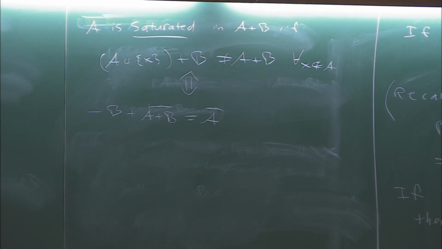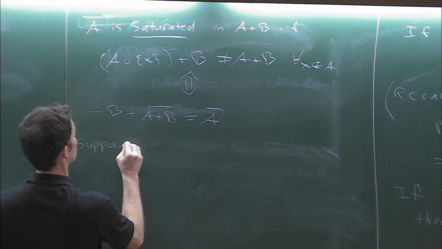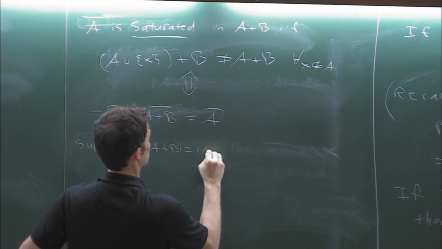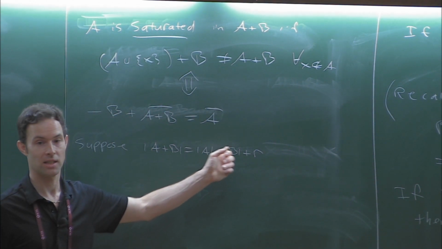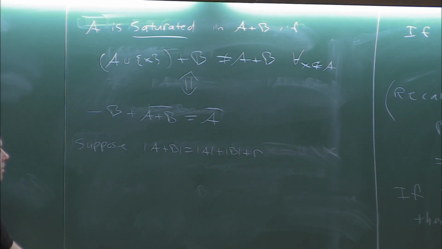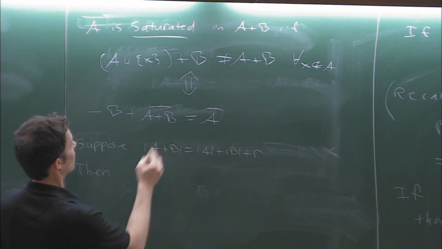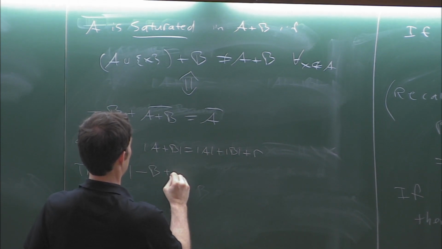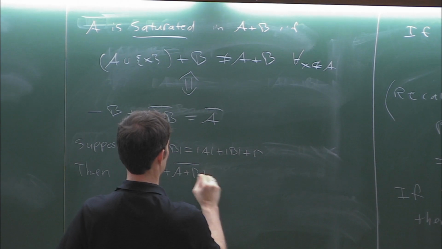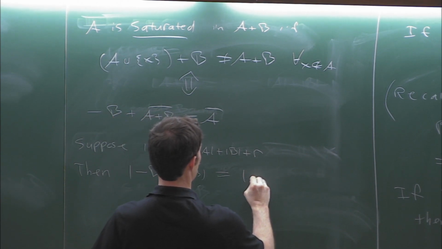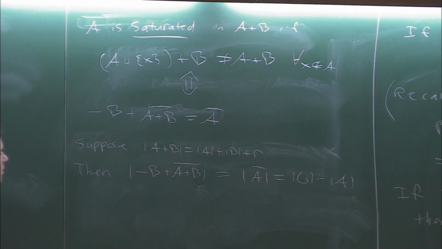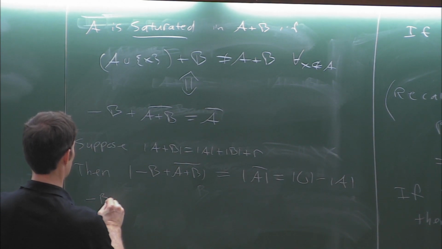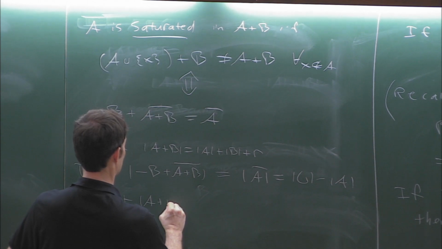Let's take a look at how the cardinalities reflect here. So let's suppose that the size of A plus B is the size of A plus the size of B plus R. Just some constant. We just give a name to it: how much more or less it is than the sum of the cardinalities. What happens to this sum set here, negative B plus the complement of A plus B? All right, this is A complement, which is G minus A. And what is the size of negative B plus the complement of A plus B?